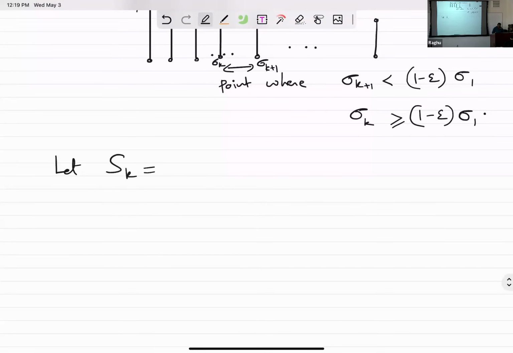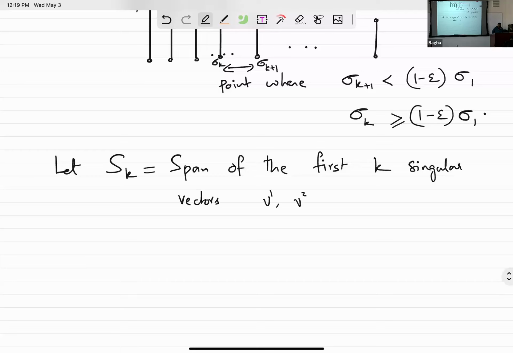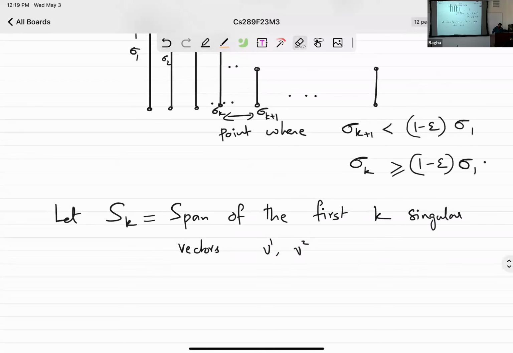So let Sk be the span of the first k singular vectors, v1, v2. Actually, k could get confusing, so let me denote this with m.